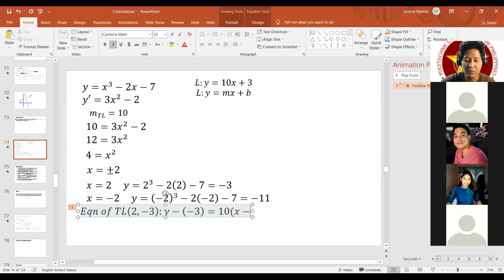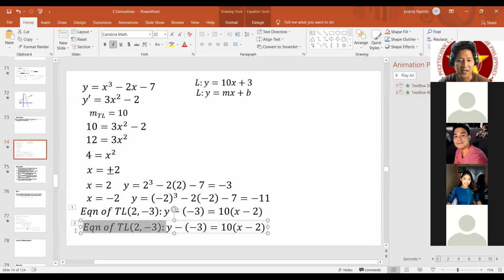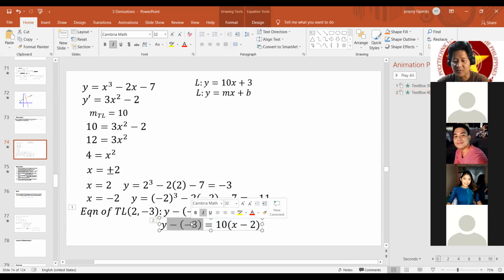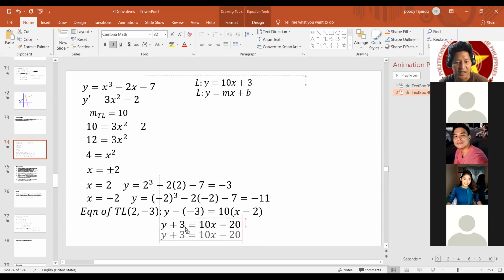In this case, 2. So we now have that. Okay, so let's just try to simplify this. So negative of negative, so this becomes a plus 3. Multiply na rin natin itong 1 maging 10x minus 20. And then lipat natin sa kabila lahat.